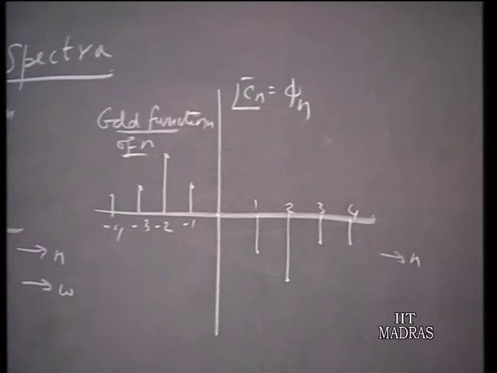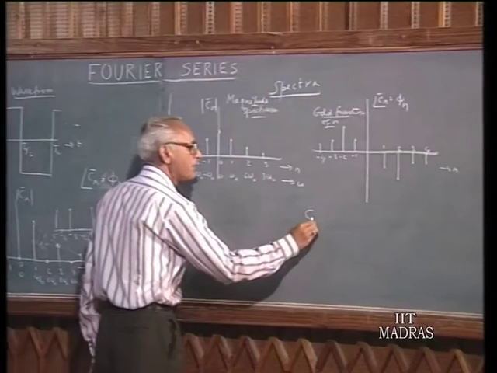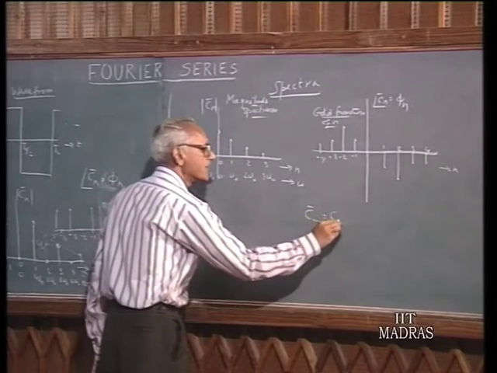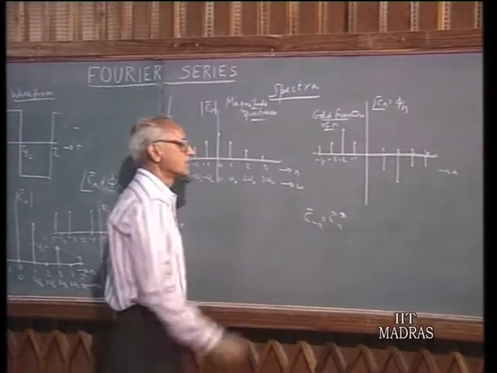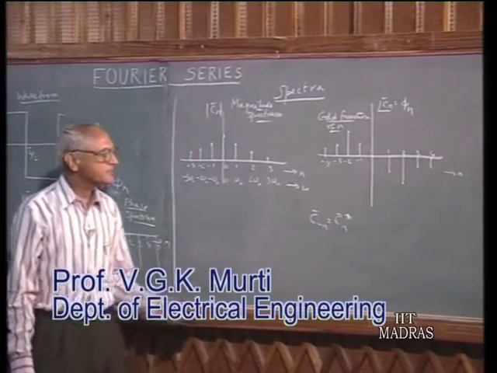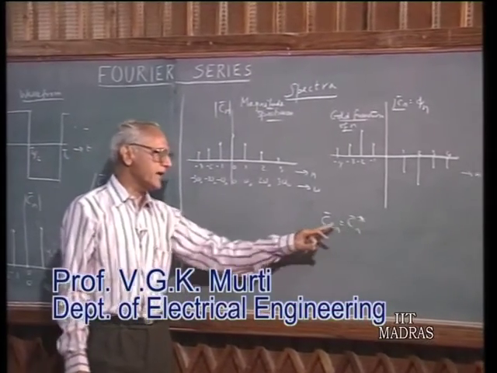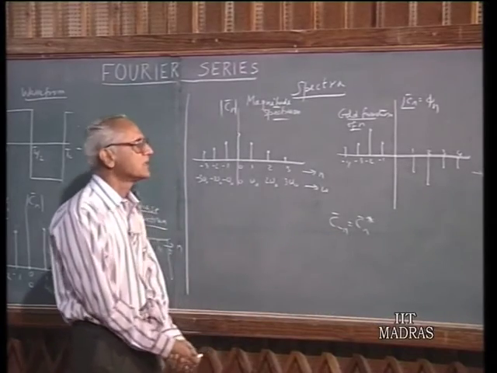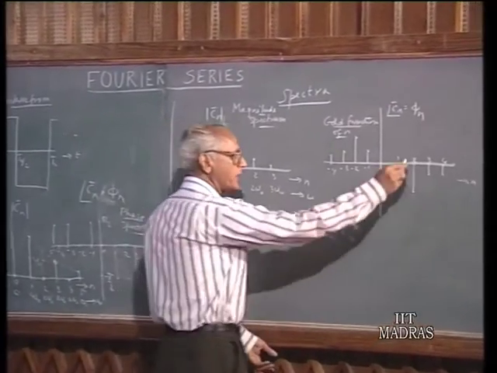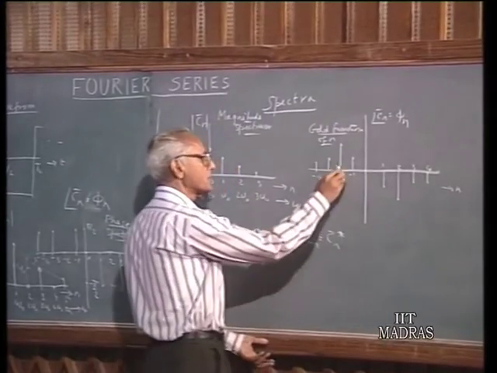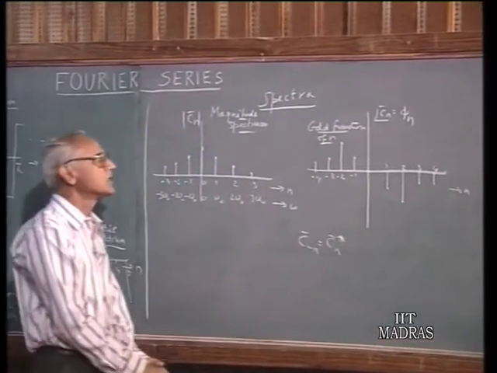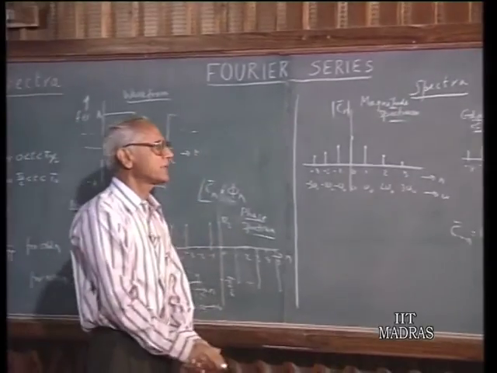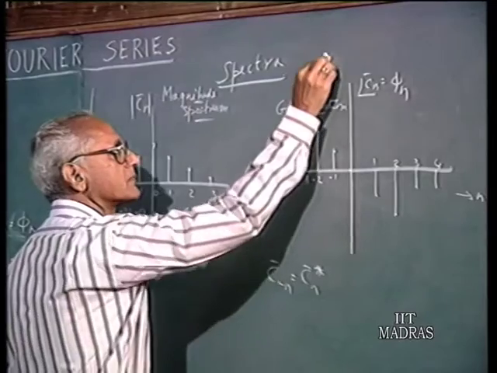Why? Because we observed earlier that C minus n is Cn conjugate, which means that the angle associated with Cn and the angle associated with C of minus n are the negatives of each other. Therefore, if for n equals 2 it has a certain phase angle, for n equals minus 2 it is exactly the negative. So the phase spectrum is an odd function of n.